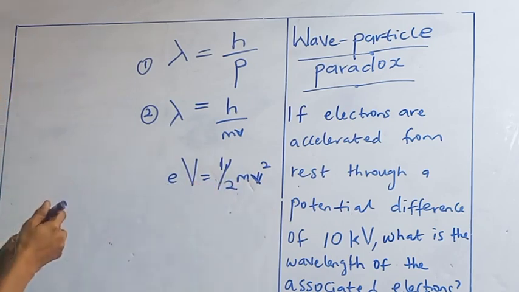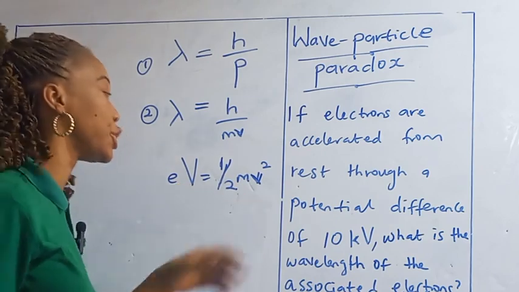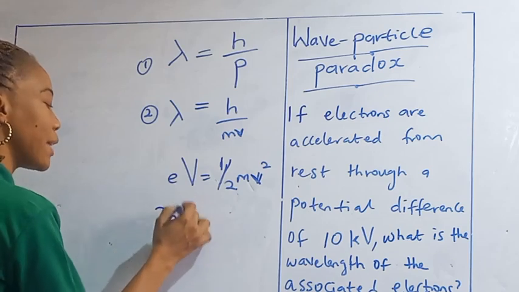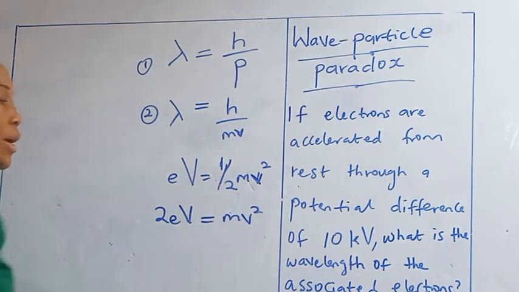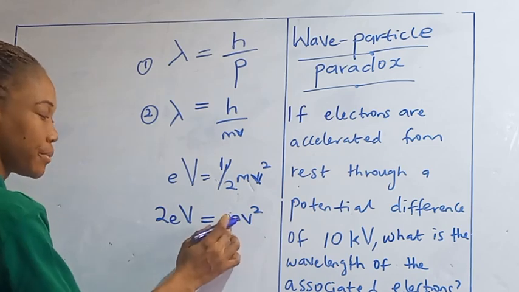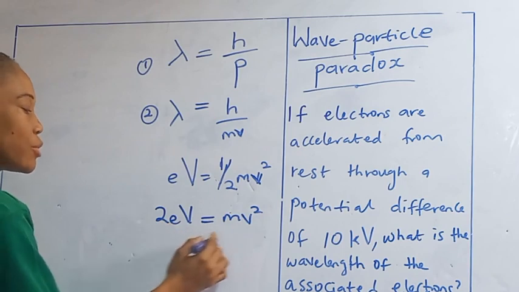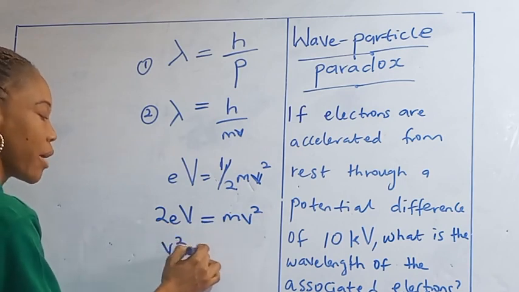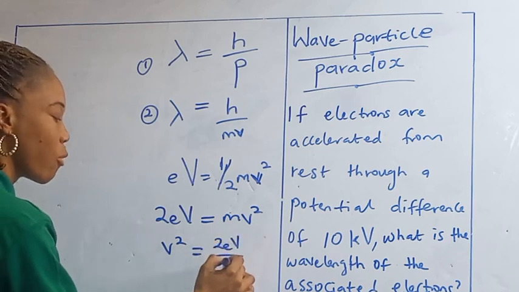So we can multiply this half mv squared. Because it's an accelerating electron, it has kinetic energy. So if we multiply by 2, electron volt, these two cross multiply will be mv squared. So we can go ahead and divide both sides by m, so that v squared will be 2 electron volts over m.